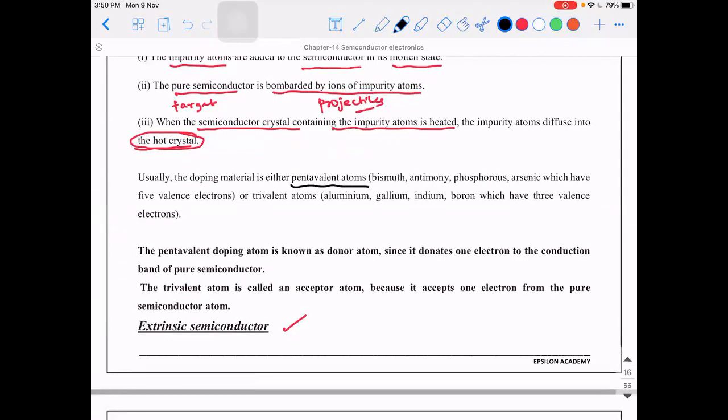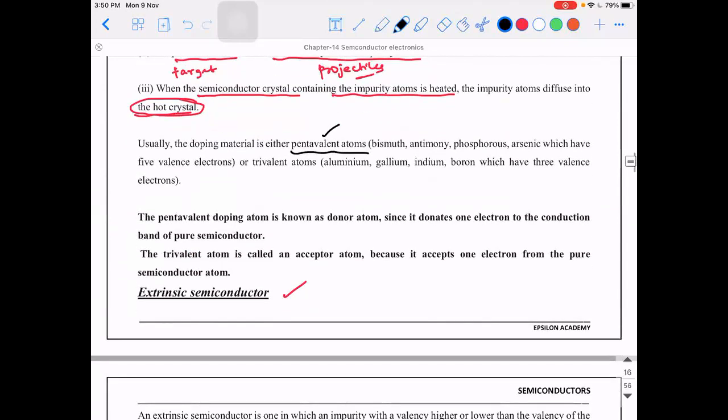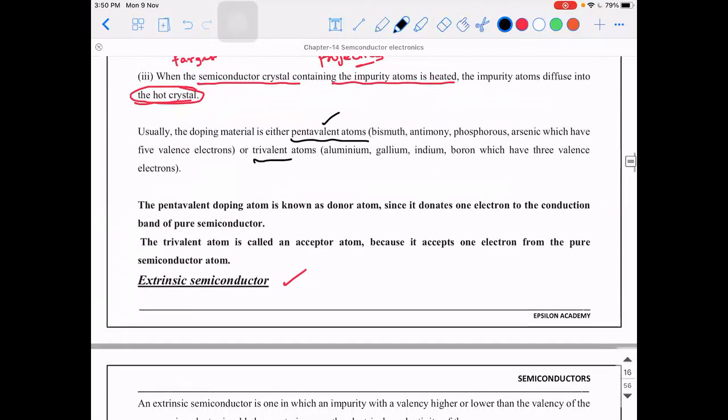Or suppose you want to create a deficiency of electrons, then you use trivalent, because in trivalent there will only be 3 electrons. 3 will participate in bonding and 1 will be left free. So generally the dopants are pentavalent atoms or trivalent atoms.